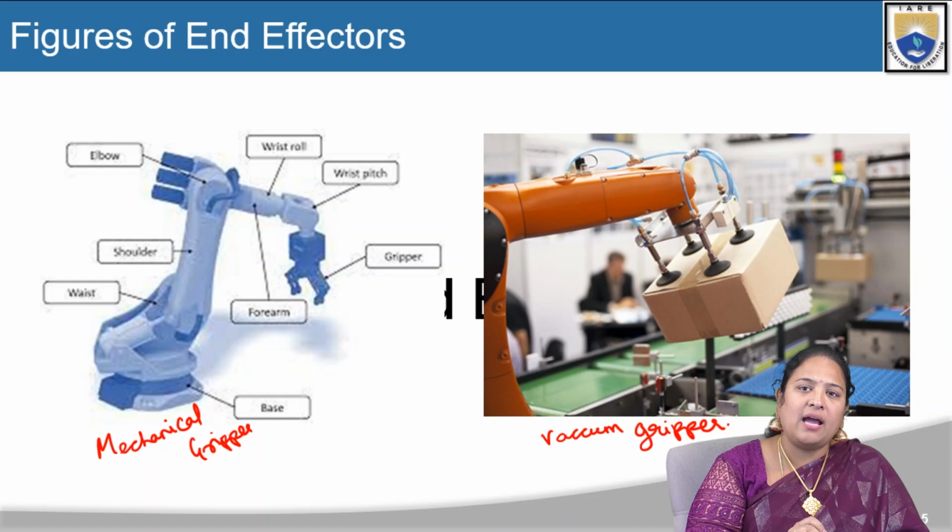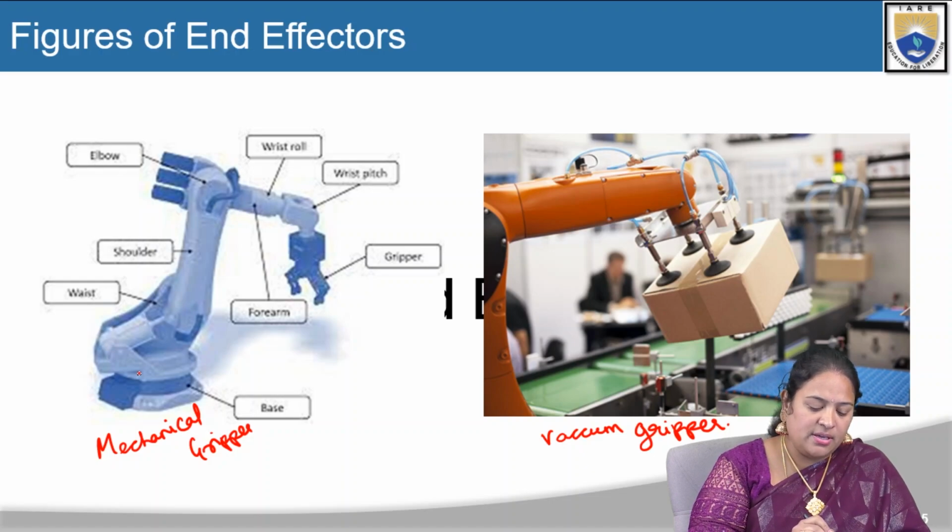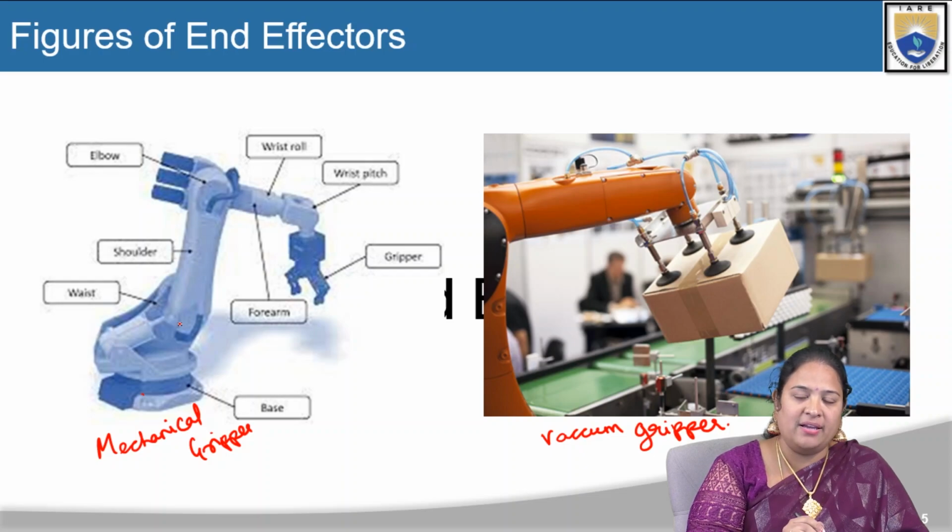Here in the mechanical gripper, we have a fixed base, and to the base we have a robust waist fixed, to which a shoulder is attached, same as our human body. To this shoulder, at the top, we have an elbow fixed, right?